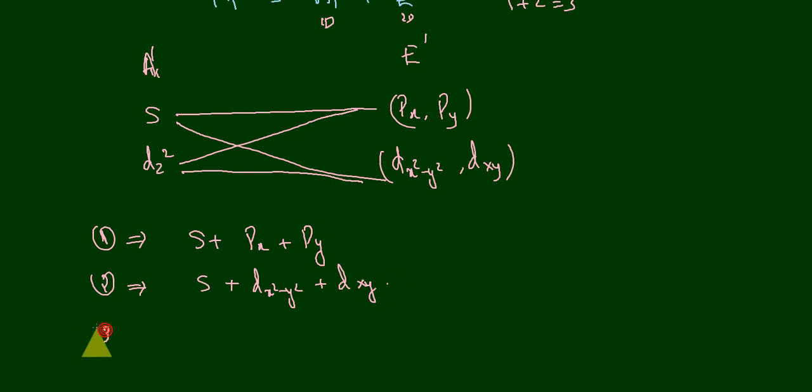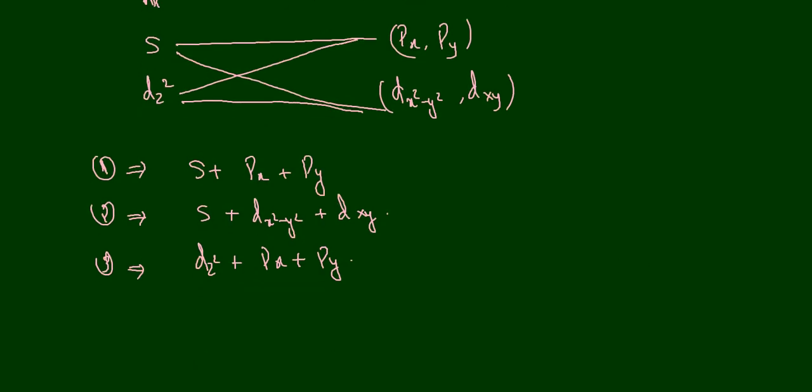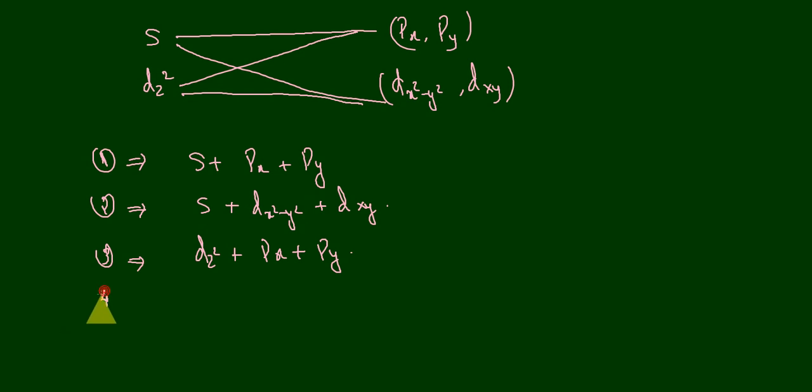The third combination possible is dz², instead of s we have dz², plus px plus py. And the fourth combination is dz² plus dx² − y² plus dxy. Okay, these are the four combinations allowed by symmetry.